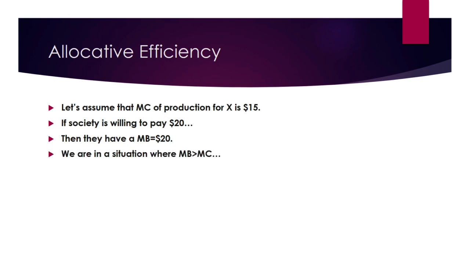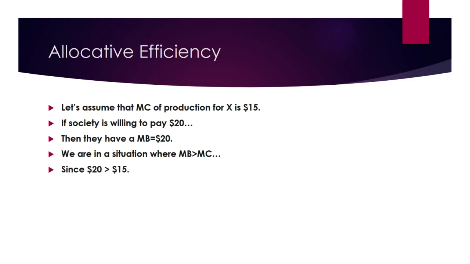So I'm in a situation here where marginal benefit of $20 is greater than the marginal cost. So what does that mean we should do with our output? If people will pay $20 and it only costs us $15 to produce more, then what should we do?